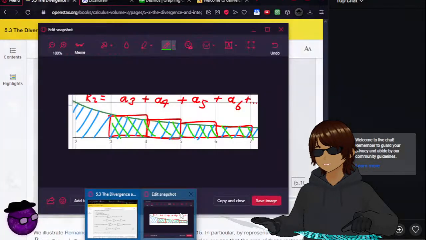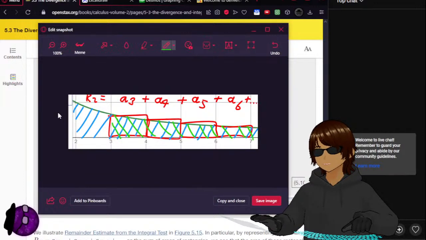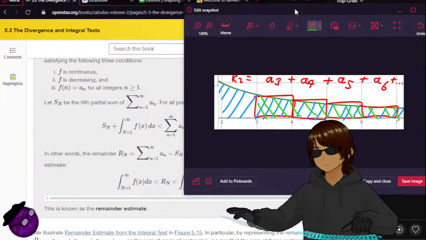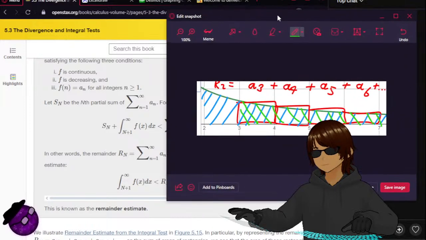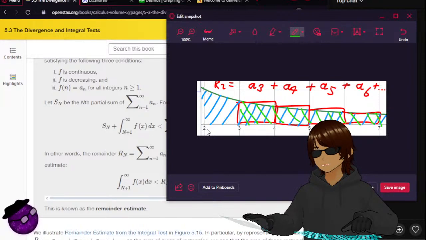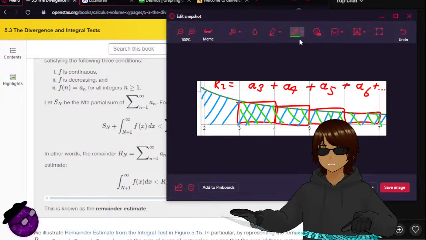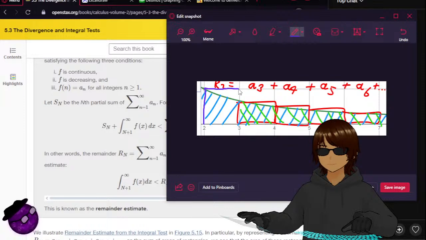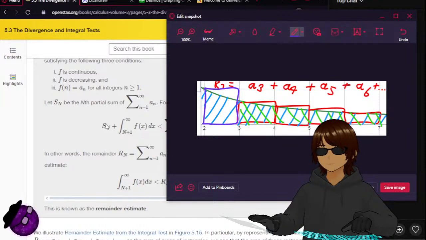If we include the partial sum that is before 2, and then the partial sum ends here at n, at 2, this area is part of Sn, and then the red boxes we are approximating through the integral.